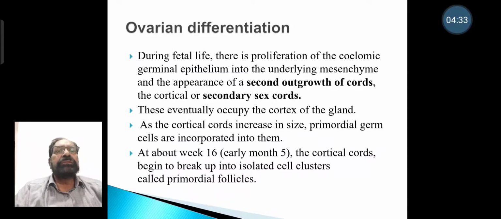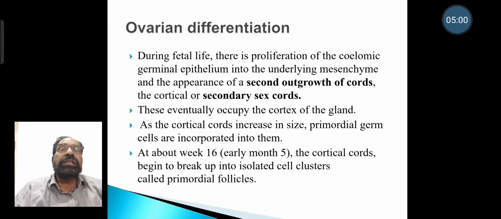During fetal life, there is a proliferation of the coelomic epithelium into the underlying mesenchyme and the appearance of a second growth of cords, that is the cortical, also called secondary sex cords. These eventually occupy the cortex of the gland. As the cortical cords increase in size, primordial germ cells are incorporated into them.